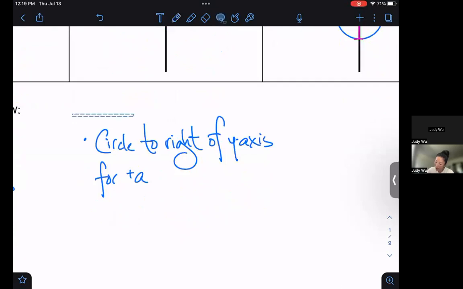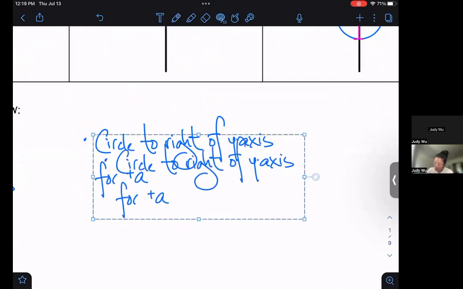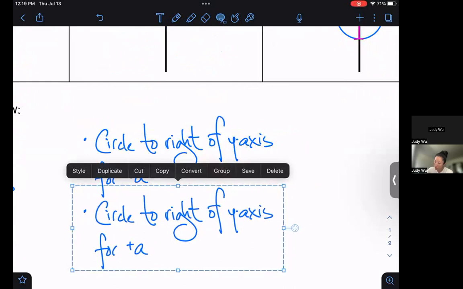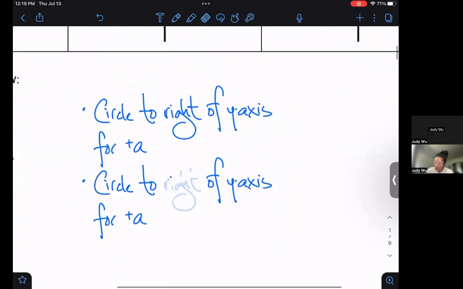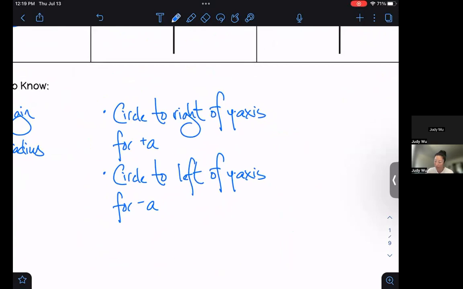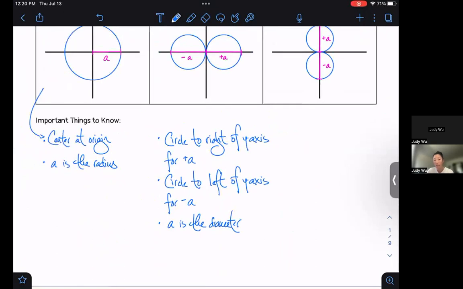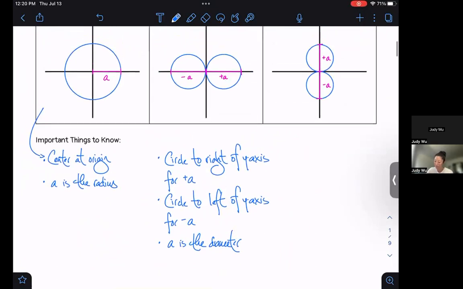And then we can copy and paste this sentence, but change it for negative a, right? If we don't want to go to the right, if we want to the left, that's going to be for negative a, all right? And one last thing to write down, a is the diameter, right? So a is not the radius, but a is the diameter.